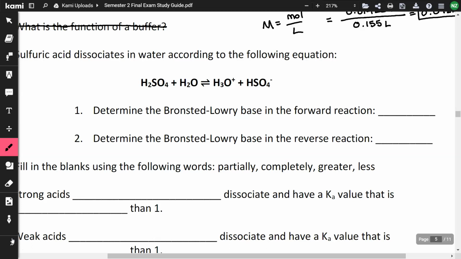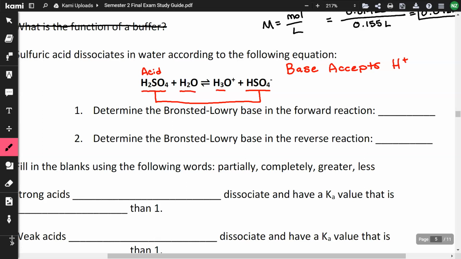So for the Bronsted-Lowry definition, a base accepts a hydrogen or proton. Here we went from 2 hydrogens to 1 hydrogen, so this would be our acid because it's donating a hydrogen.